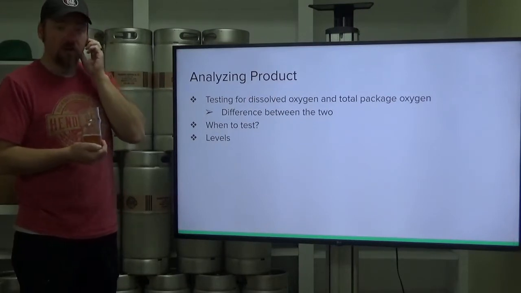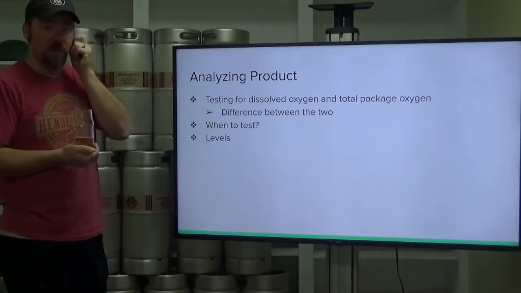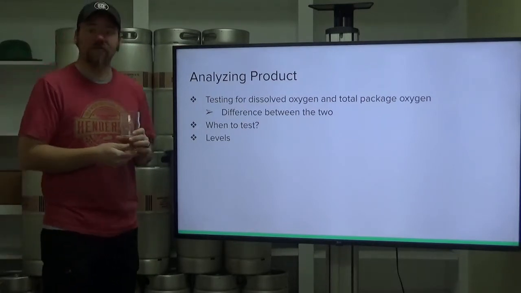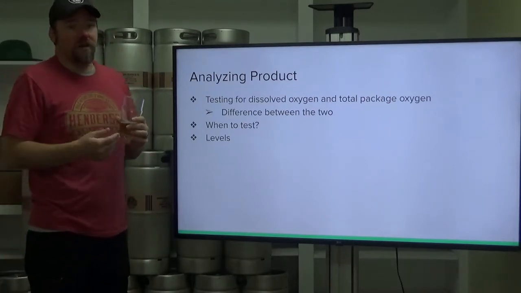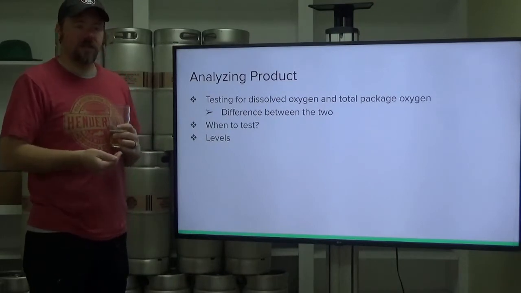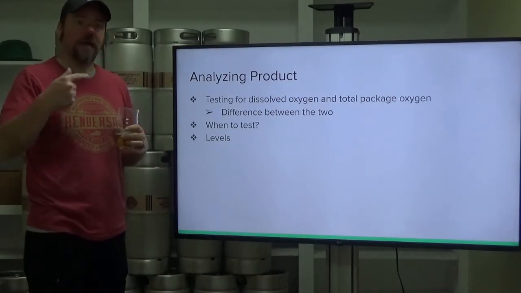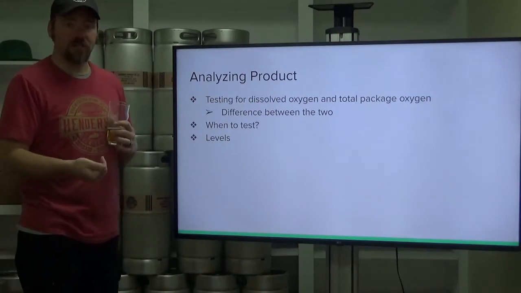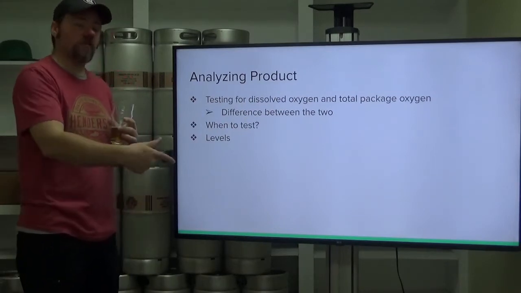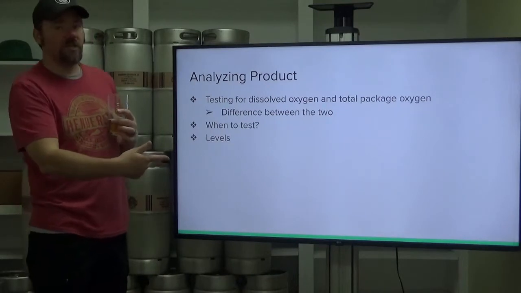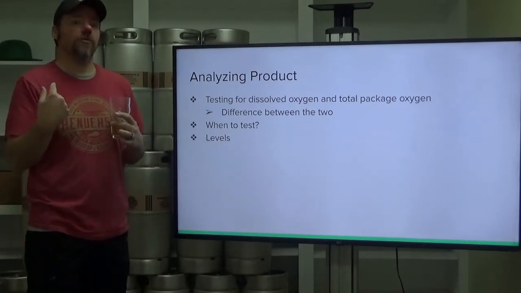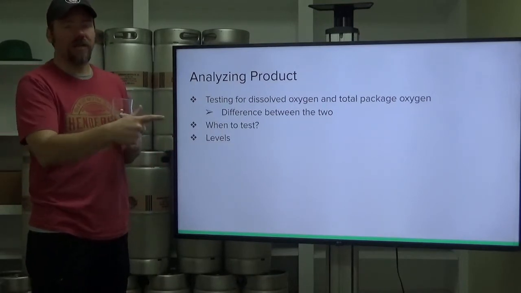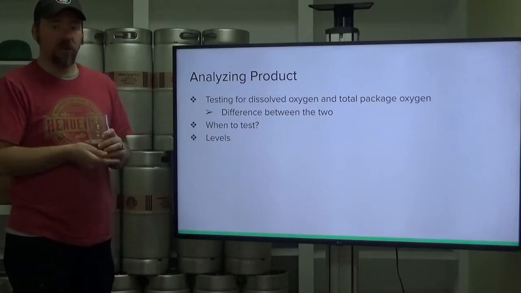That's generally going to be all consumed by the yeast during fermentation, during the lag time phase. What we're talking about is oxygen that is introduced either during keg packaging if your hoses were not purged sufficiently, or during transfer from fermentation tank to bright tank if your hoses and your bright tank weren't purged properly.